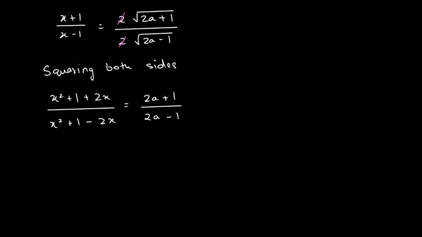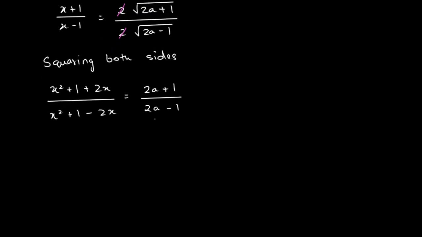Now to proceed further, we actually have two options. We could either cross multiply at this step and then expand and simplify and eventually get what we need to prove. Another way, which I prefer, is this: if you notice, this is 2a plus 1 here and 2a minus 1 here, which is in the format of (n+d)/(n-d).